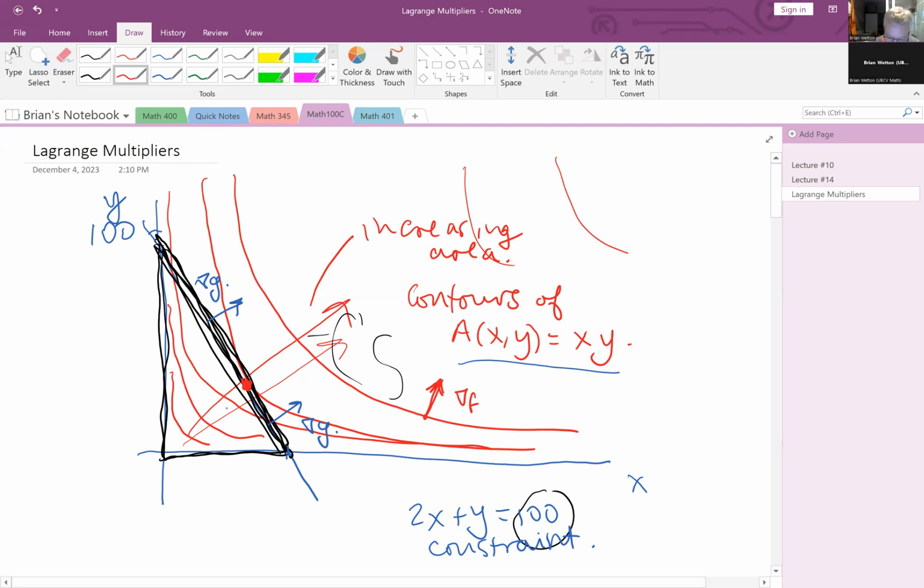Think about this: you're trying to find the biggest value of f that you can possibly find on this line. Now think of values of this function f. They're constant on these curves. Well, these are all small values, and you want to get the biggest value you possibly can. So you keep pushing these curves further and further until you just touch, and that's exactly where the gradient of f is pointed in the same direction as the gradient of g.